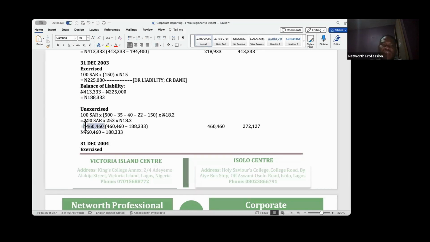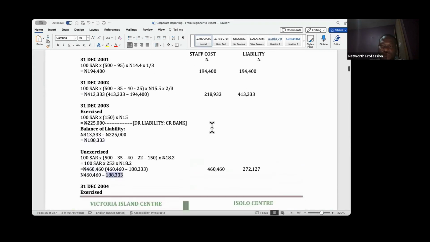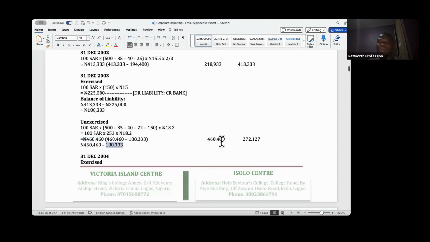That means my liability has increased by how much? So 460,460 minus the balance in my liability account. That goes to my P&L.